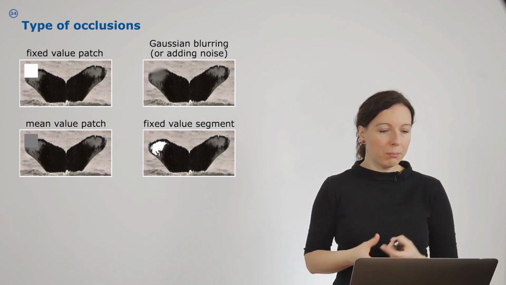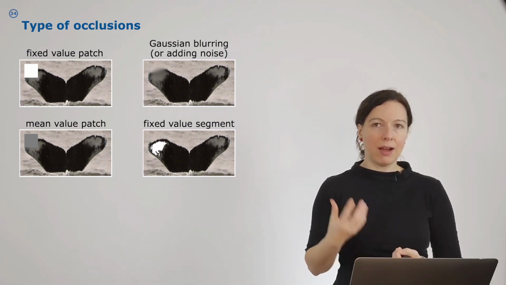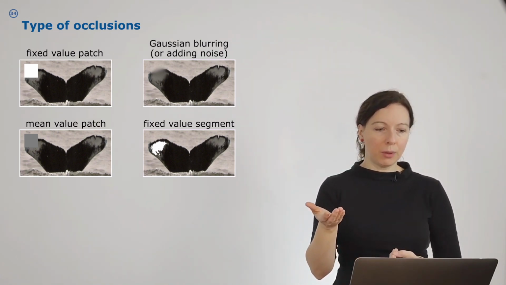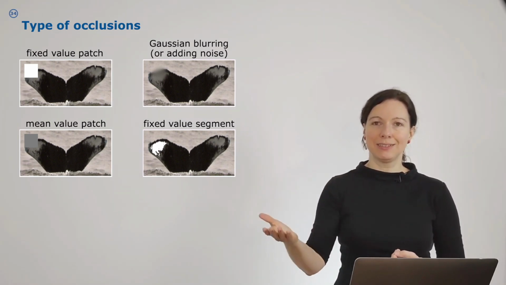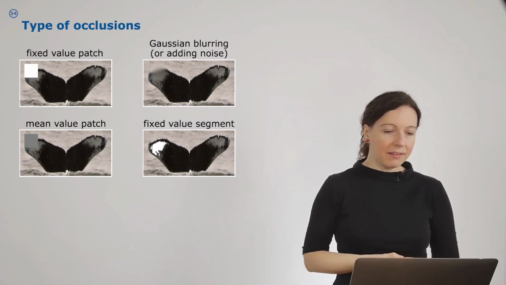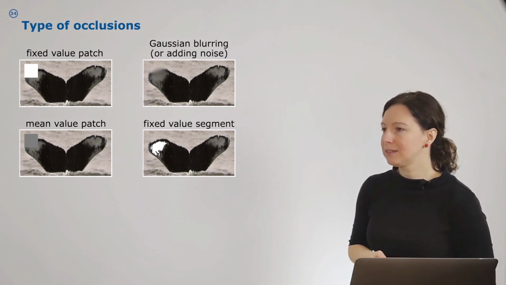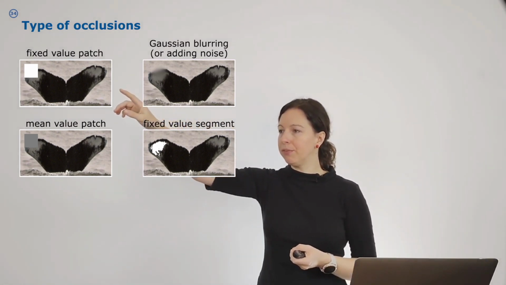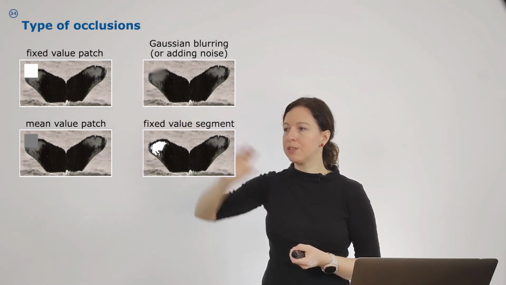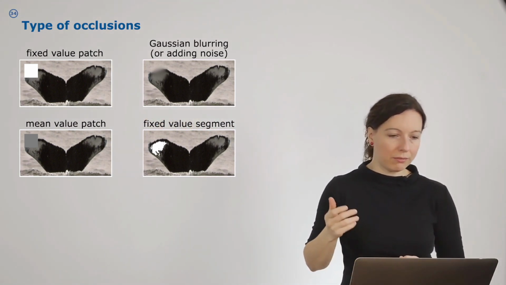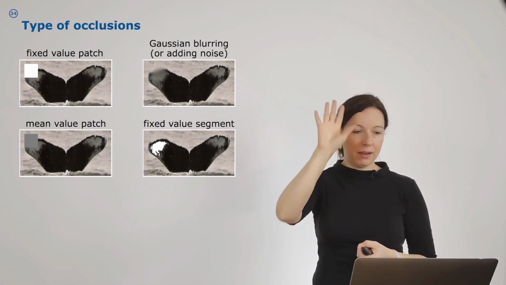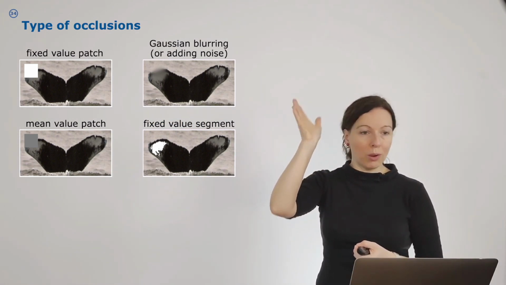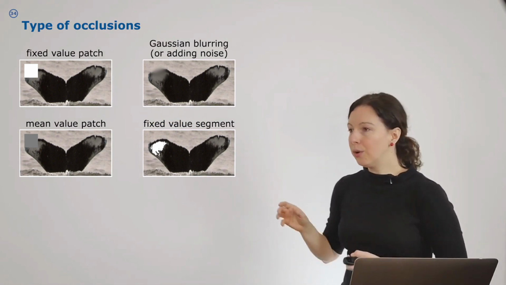So you need to think about how to cover up a feature without adding an additional signal. A typical thing that is done is a fixed value patch, for example a white patch, where you cover up with 1 for the whole image.